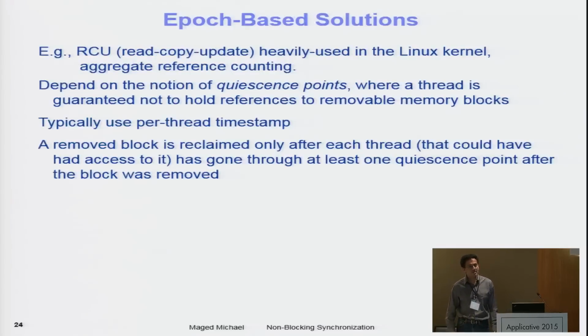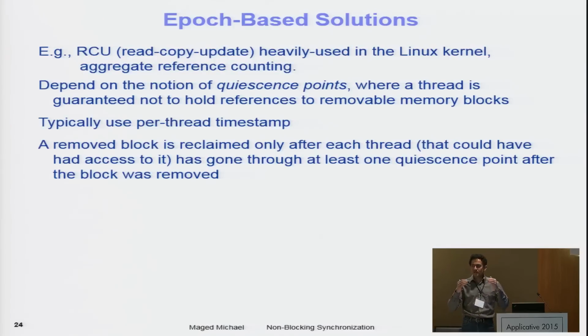Another class of solutions is epoch-based solutions, and one example is RCU, read-copy-update, which is very heavily used in the Linux kernel. It has thousands of uses there. Basically, if threads remove an item, they hang on to it and don't free it until you reach a quiescent state for the other threads.